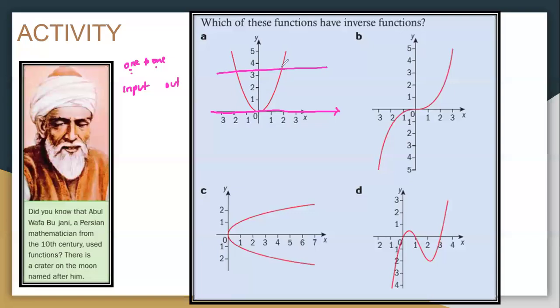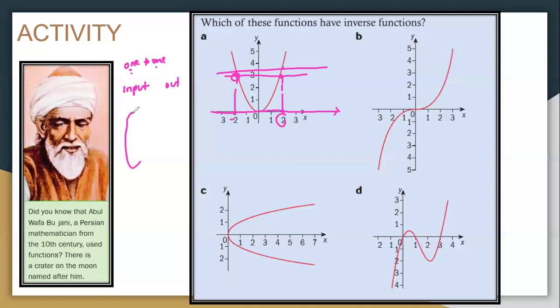You note that for this function, when x equals 2, your output is 3. And when your x is equal to -2, your output is 3.